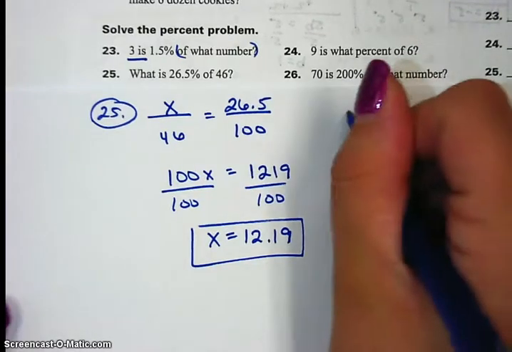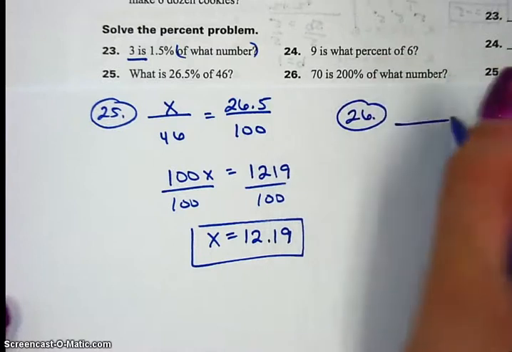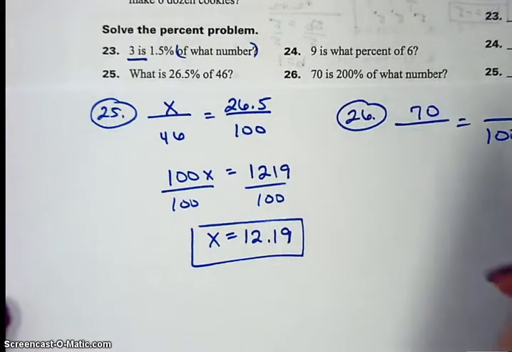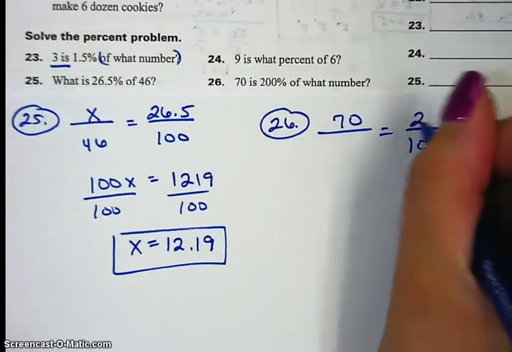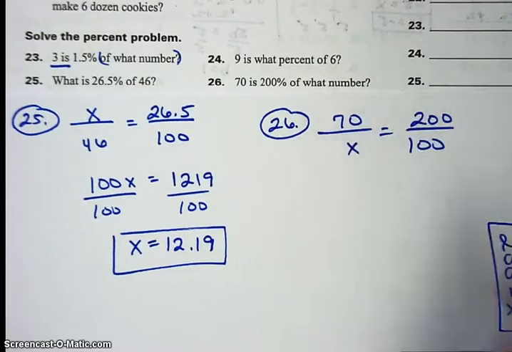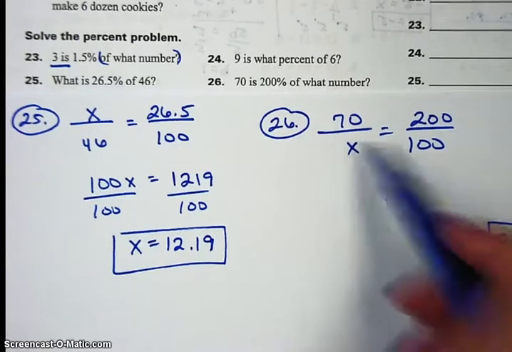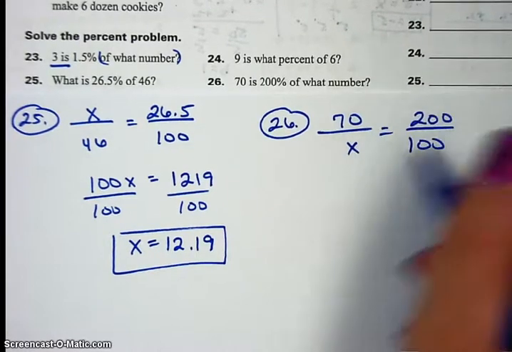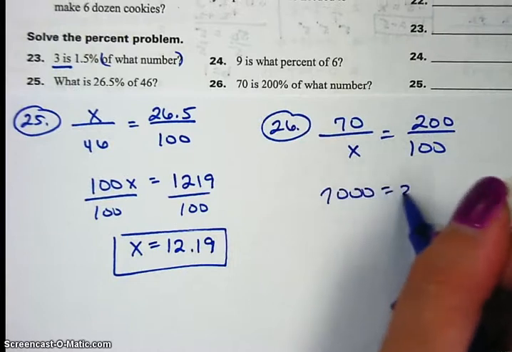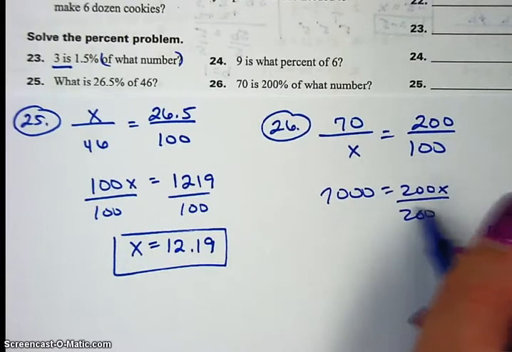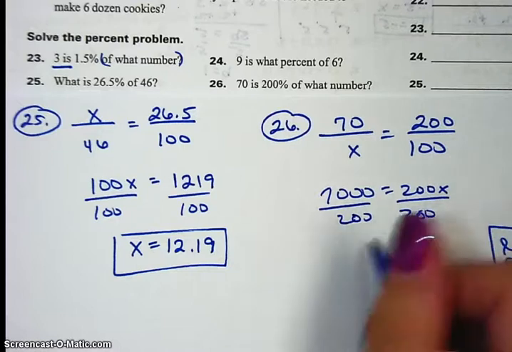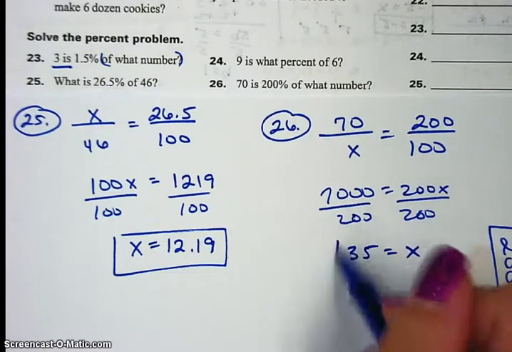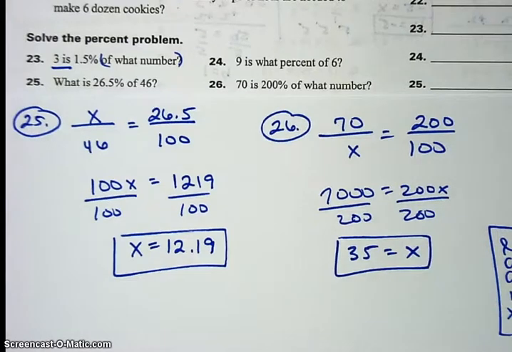All right, 26. 70 is 200%. All right, 200 goes over 100 of what number? Now, immediately I can expect that x is going to be smaller than 70 because it's 200%. So I'm cross multiplying and then I divide. So that's going to give me 35 equals x, which is smaller than 70, just like I expected.